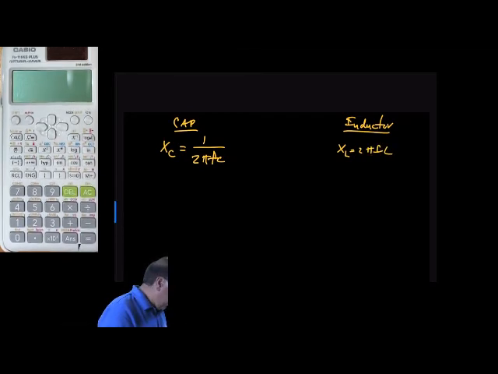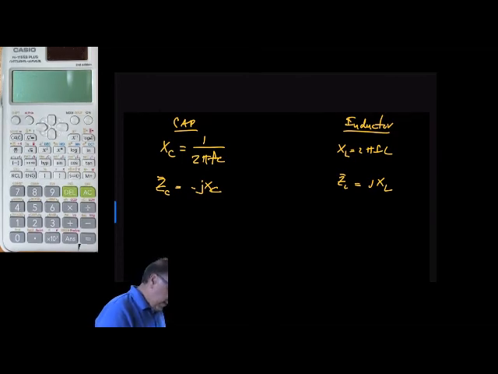We can write an equation for the impedance of the capacitor, which is a vector, as we said. Z equals minus jX_C, and the impedance of an inductor equals jX_L.